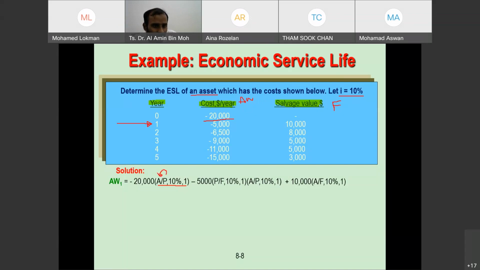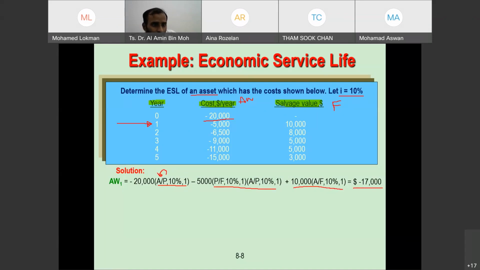Then we need to do this operation here, and then you have 10,000 here. So we are going to get 17,000 for AW1. I don't want to go into detail on calculating this. You should be able to follow this. So I'm going to explain the concept.